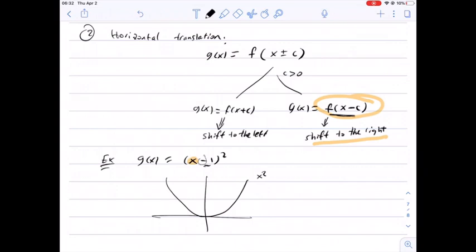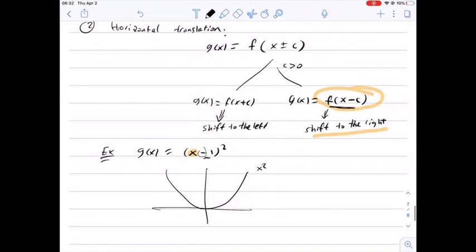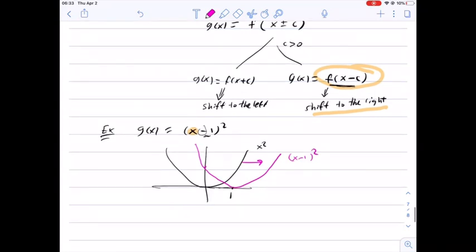If this is negative, we make a shift to the right. If it's positive, we make a shift to the left. The graph looks like this. This is x minus 1 squared. So the graph has shifted to the right. So we have a horizontal translation 1 unit to the right.